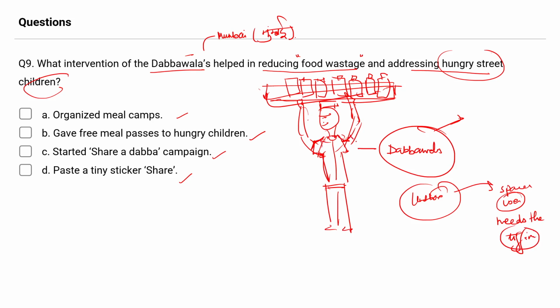All right. So the options are: they organized meal camps, gave free meal passes to hungry children, they started a Share a Dabba campaign, and they paste tiny stickers. So take some time, think about it. What could be the reason for that? And we'll see the answer to it.